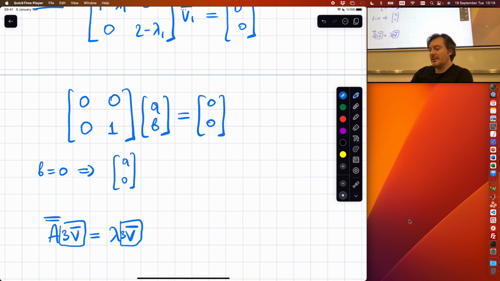So we don't care that there is a coefficient unresolved in this endeavor, and that coefficient is A. So what we say is that V1 is 1, 0, and it can be multiplied with any number, and it will still give you an eigenvector. Okay?